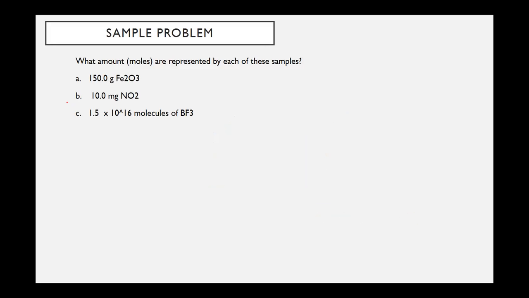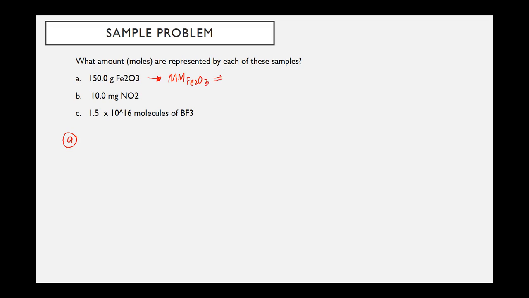So sample problem. What amount in moles is represented by each of these samples? For letter A, we have the mass and we're going to get the moles of Fe2O3 present. Ang pinaunang gagawin natin is to identify the molecular mass ng ating Fe2O3.